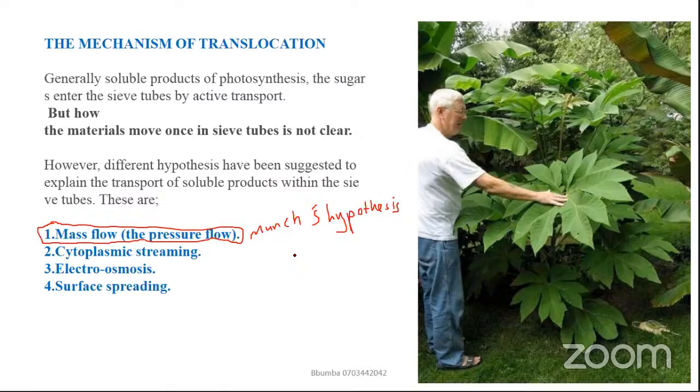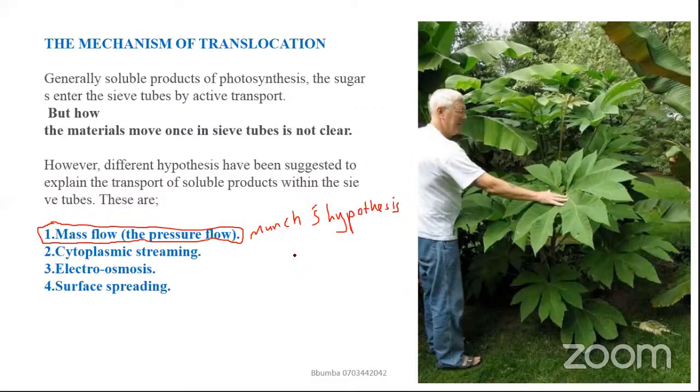Now, there are different hypotheses that try to explain how materials are translocated in a plant. These hypotheses have evidence, but of course they also have criticisms. That's why they still call them hypotheses, because of the enormous criticisms that they have.